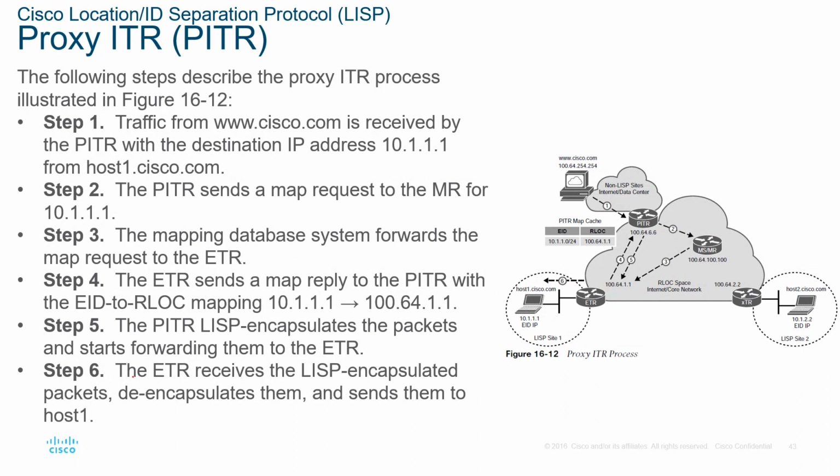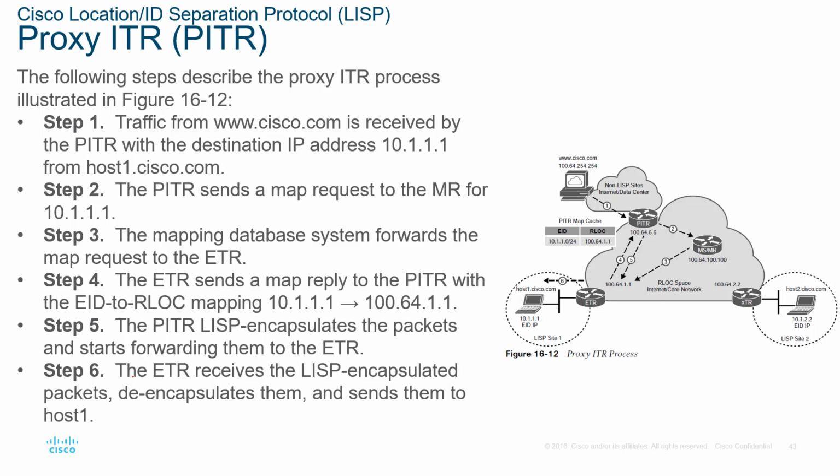If we have a proxy ingress, we will take the traffic from a domain received by the proxy ITRs destined to our internal network from our web host. The proxy ITR will send the map request to the map resolver. The map database system will forward the map request to the ETR.